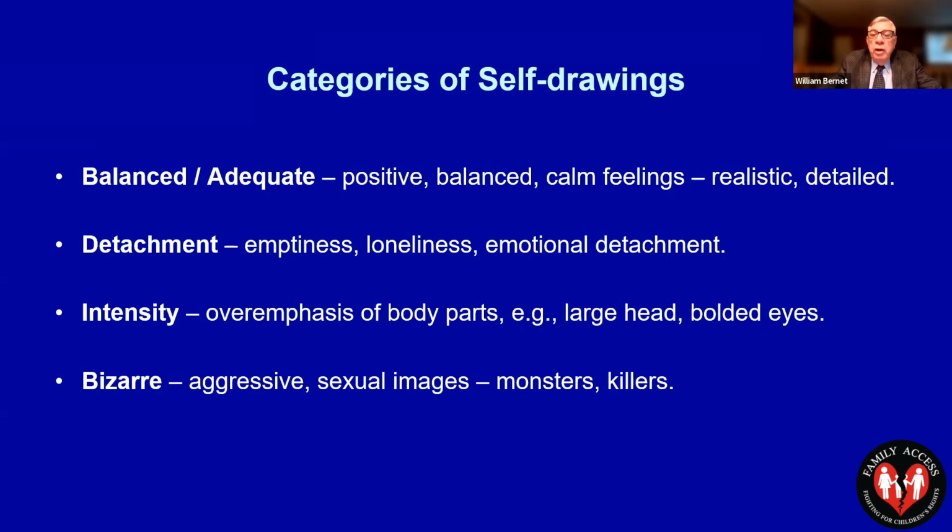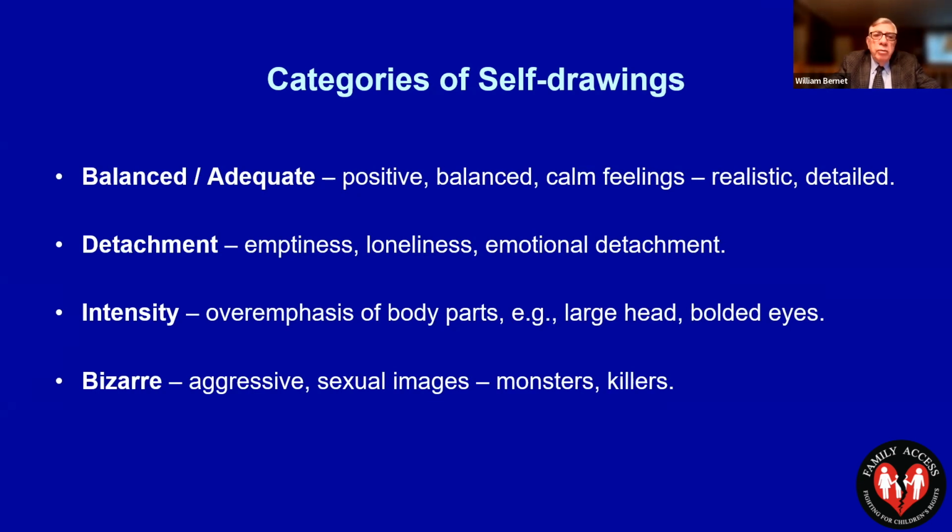And as we go through some of these pictures today, you can classify them by these categories. And what we just looked at, the little boy with the monster drawings of mom and dad and the devil drawing of dad, comes under bizarre, unusually aggressive monsters. If you were using this categorization, they would be classified as bizarre.